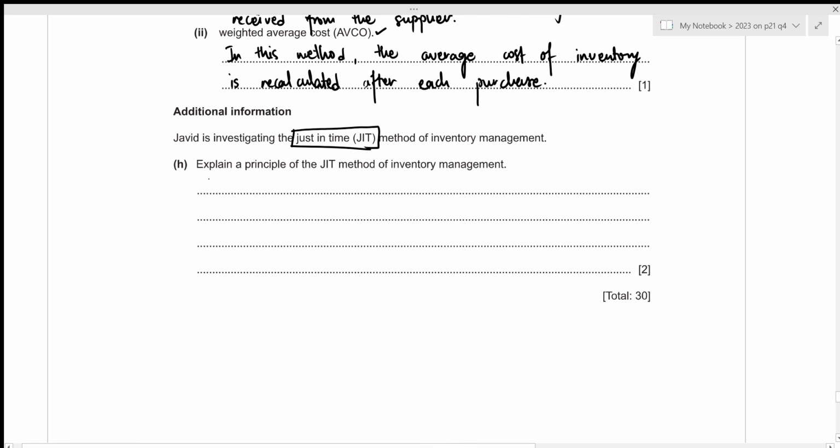Let's write it down. Supplies of goods or raw materials are received or purchased exactly when they are needed in the production process.